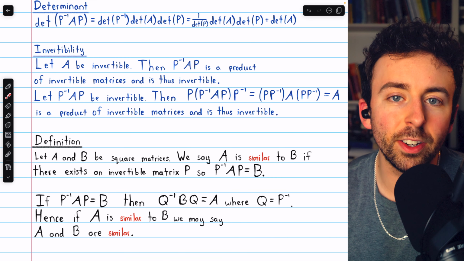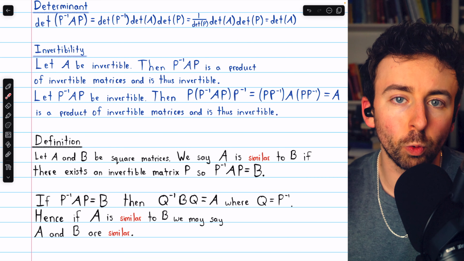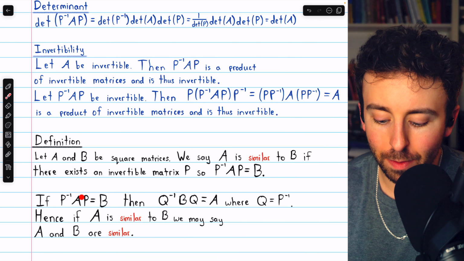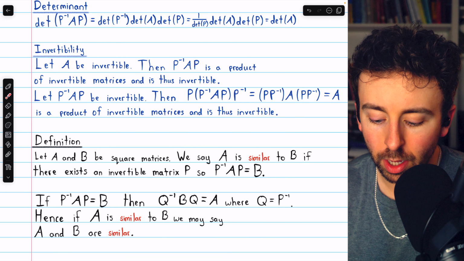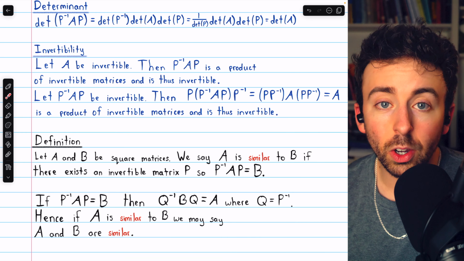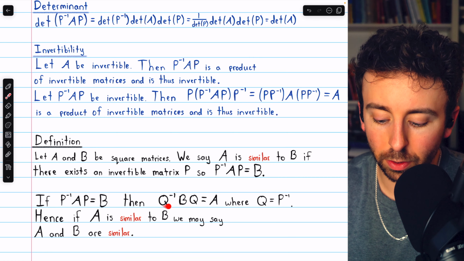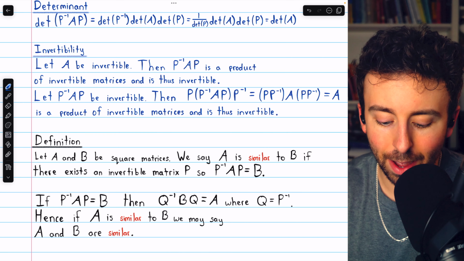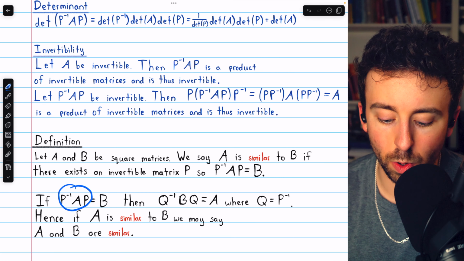But it's important to note there's not really a direction to this relationship. So if P inverse AP equals B, well then letting Q equal P inverse, we could also write that Q inverse BQ equals A. Let's quickly justify that. B is equal to this.